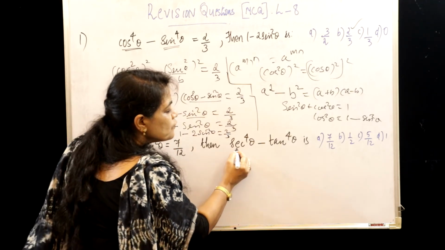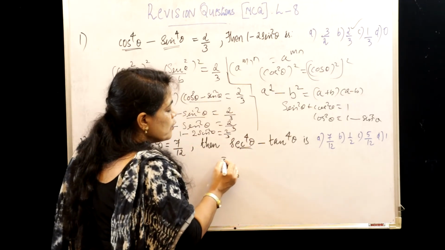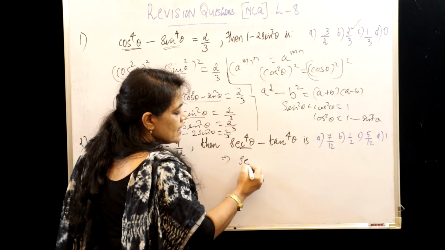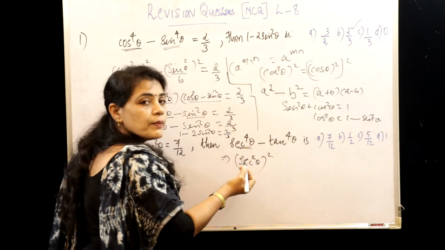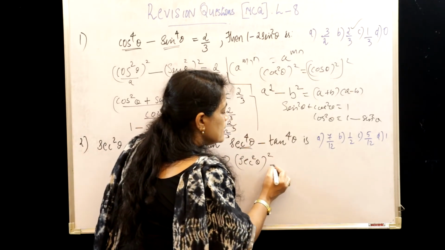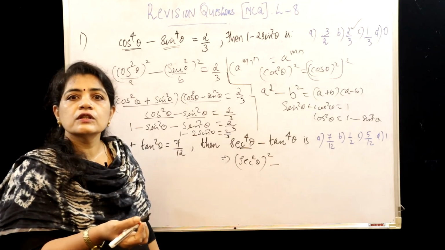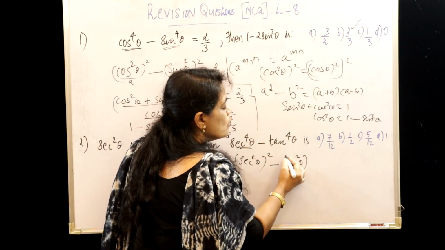So we have to find this value. I am going to write this as sec square theta whole square. Multiply the powers, 2 twos are 4, that is sec raised to 4 theta. Minus, same way, tan raised to 4 theta can be written as tan square theta whole square.